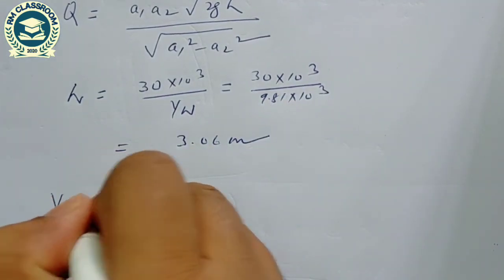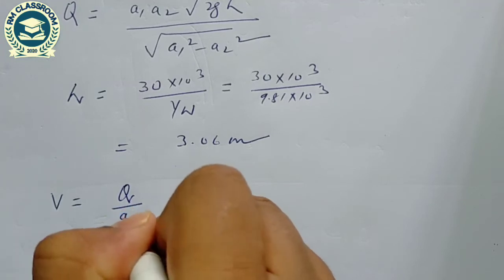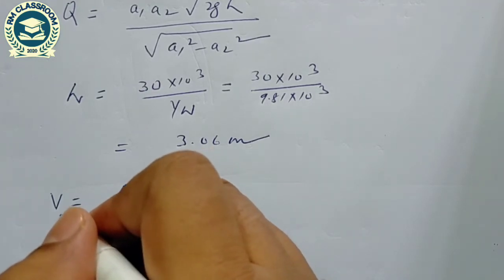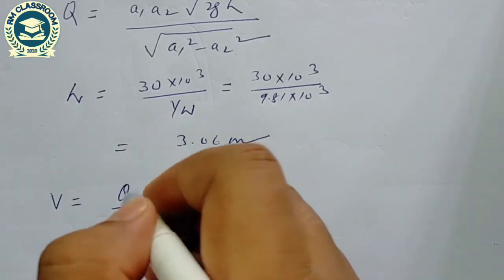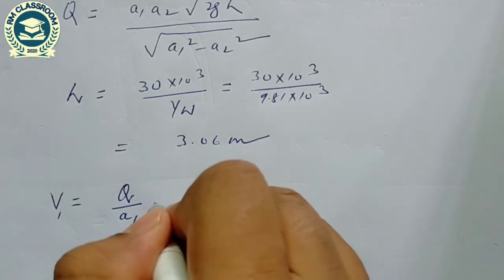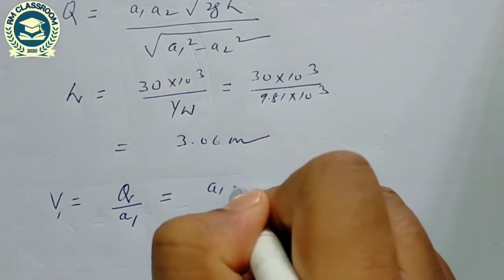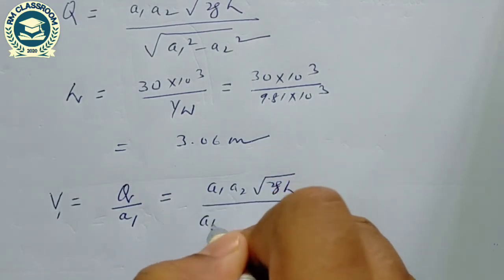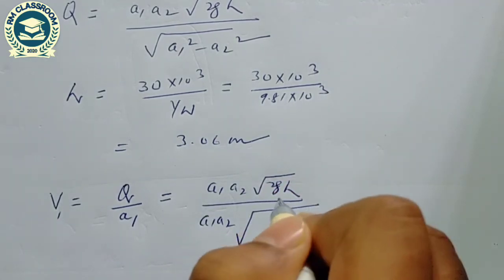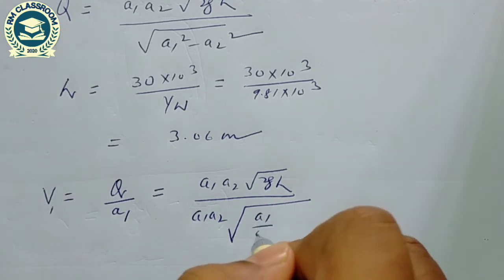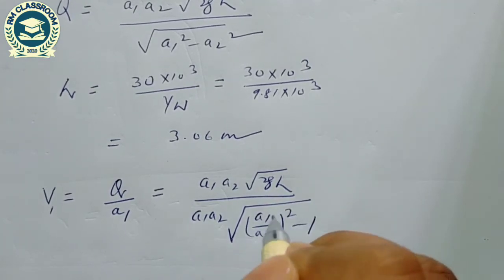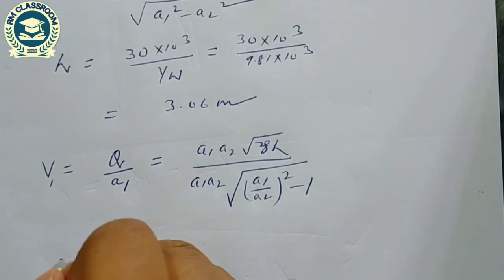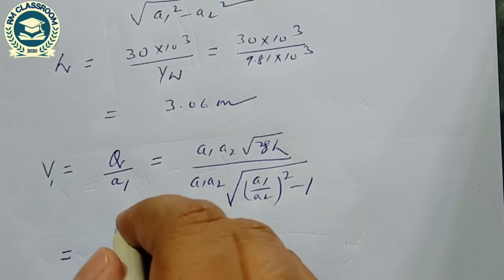So V1 is equal to Q by A1, because we have to find the fluid velocity. It can be written as A1 A2 root under 2gH divided by A1 A2 square root of (A1 by A2) whole square minus 1. So A1 cancels, A1 A2 cancels.